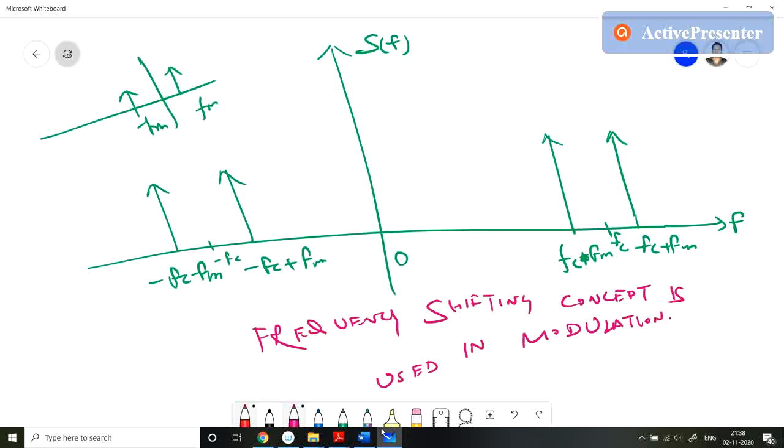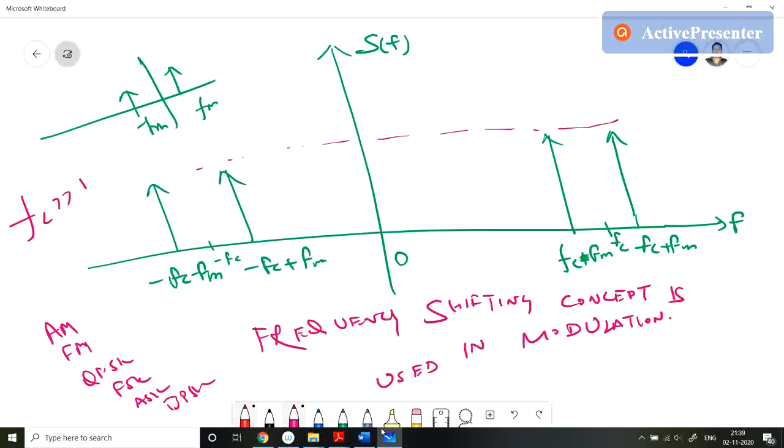In every modulation technique, whether AM, FM, or digital modulation, the basic requirement is that we have a message signal and a carrier signal, and the carrier frequency Fc is very, very high compared to the message signal frequency.